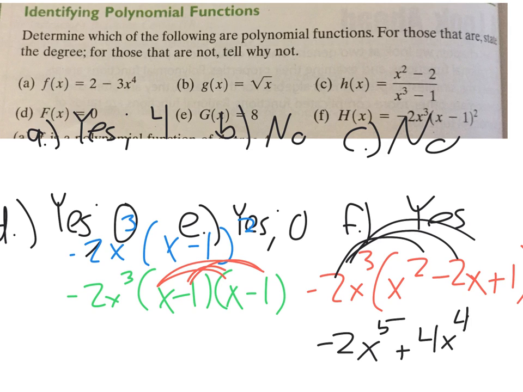And then negative 2x to the third times 1 is negative 2x to the third. So this would be the general form, and what we started with would be the factored form. So now that I've got it in general form, what's its degree? 5. Very good. So the answer to F would be yes, it is, and it's a 5th degree polynomial.